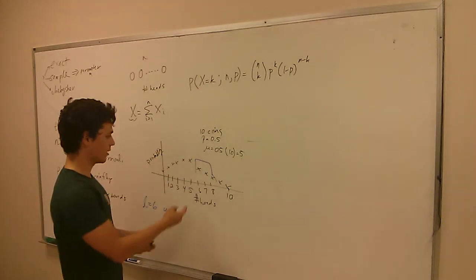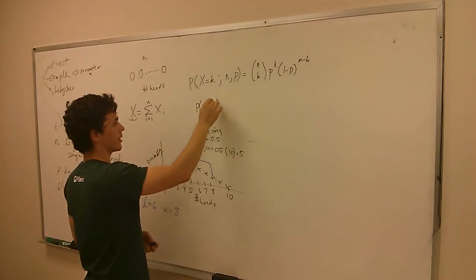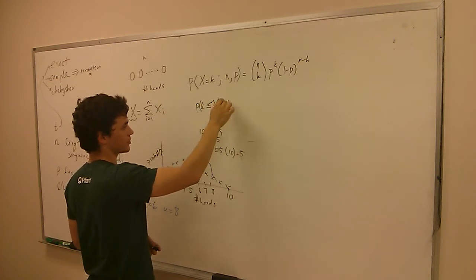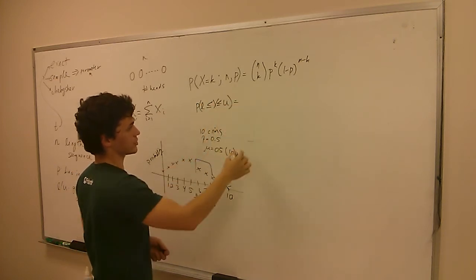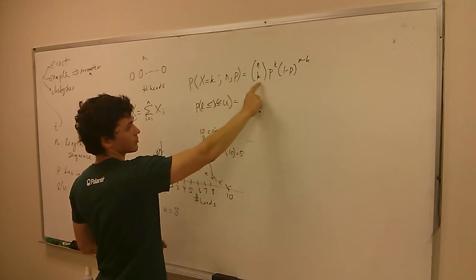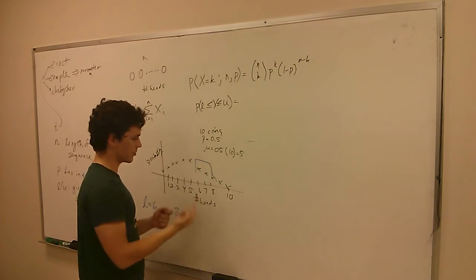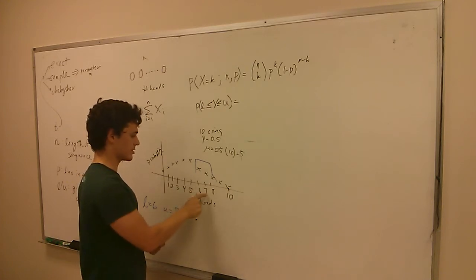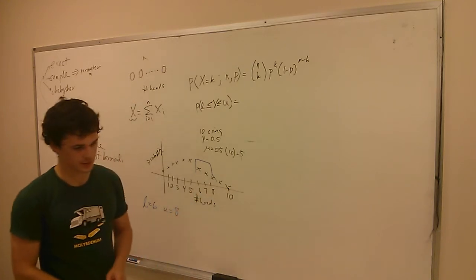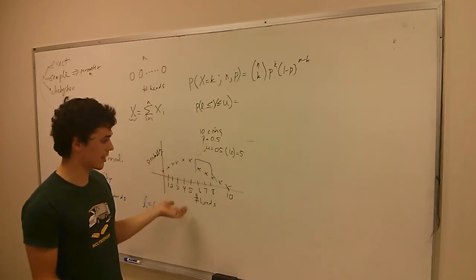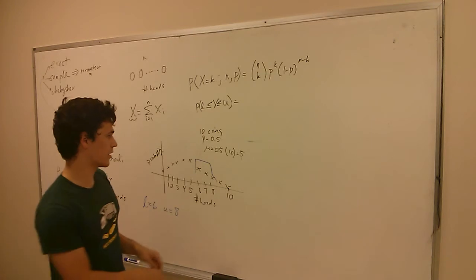So if you want to calculate the probability x is between the lower and upper bounds, you can just sum over each k between L and U. If we want to calculate the probability of getting 6, 7, or 8 heads, we can compute this as the probability of getting 6 heads plus the probability of getting 7 heads plus the probability of getting 8 heads, since these events are disjoint, right?